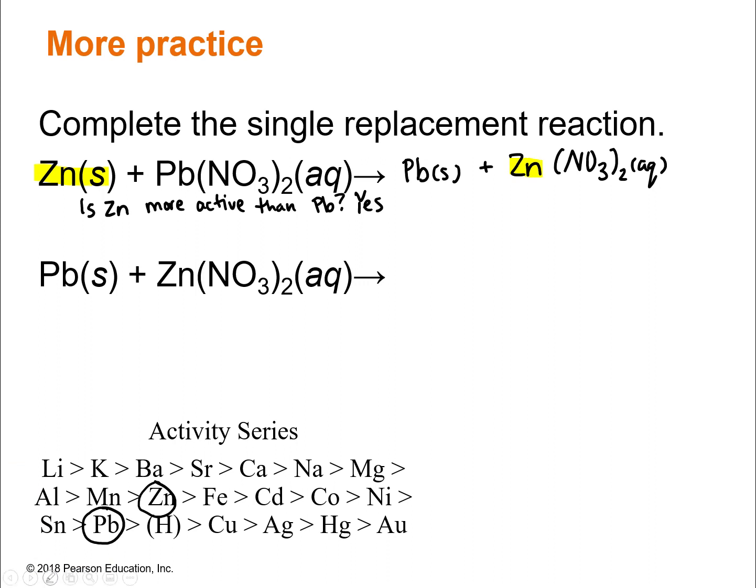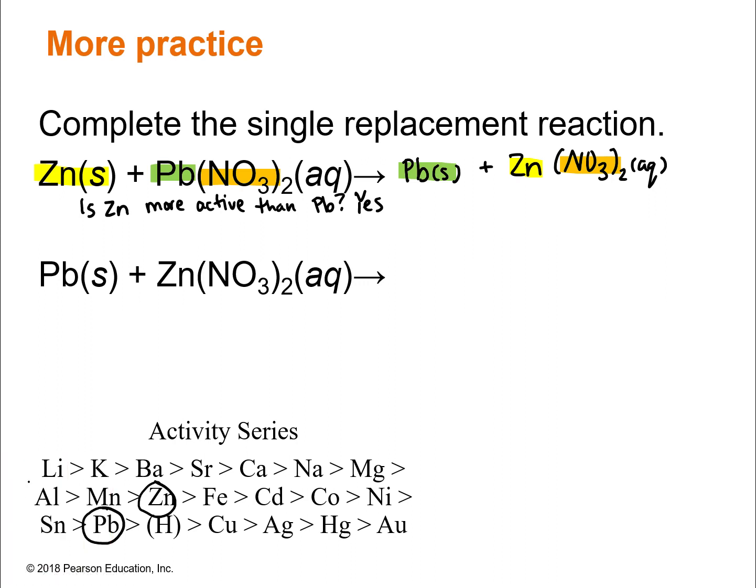Just so you can track where each of these metals goes. So we said yes, zinc is more active, so we switched them. The lead is the solid, it's a precipitate, and we have zinc nitrate.